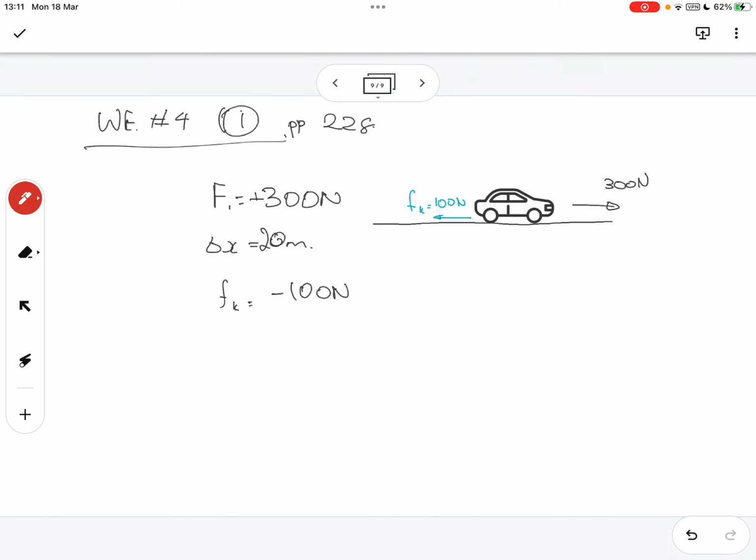We can probably only have an idea of the weight of the car, but we're not given its mass, so it doesn't really help us to include that in the calculation. Normal force would be based on the weight anyway, but the angle would also be 270 degrees, so cos of 270 would be 0. So it doesn't serve us to include it in the calculation.